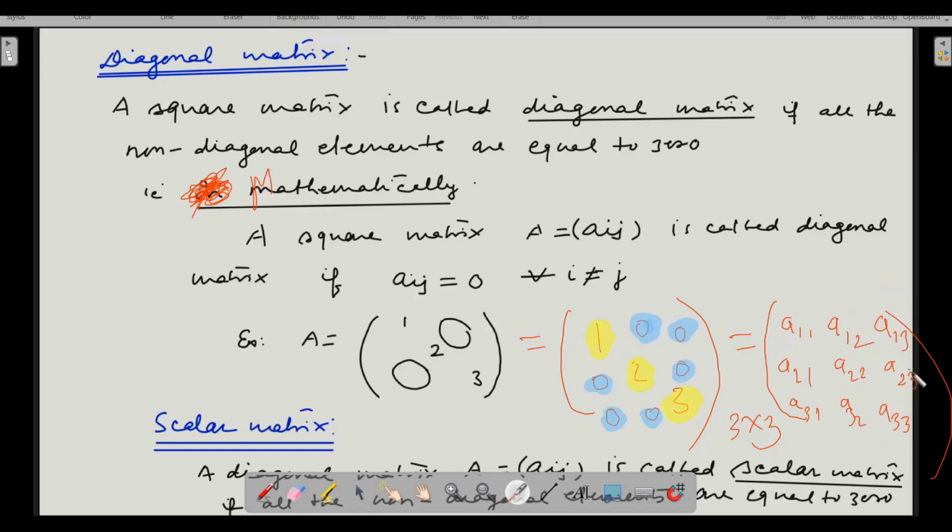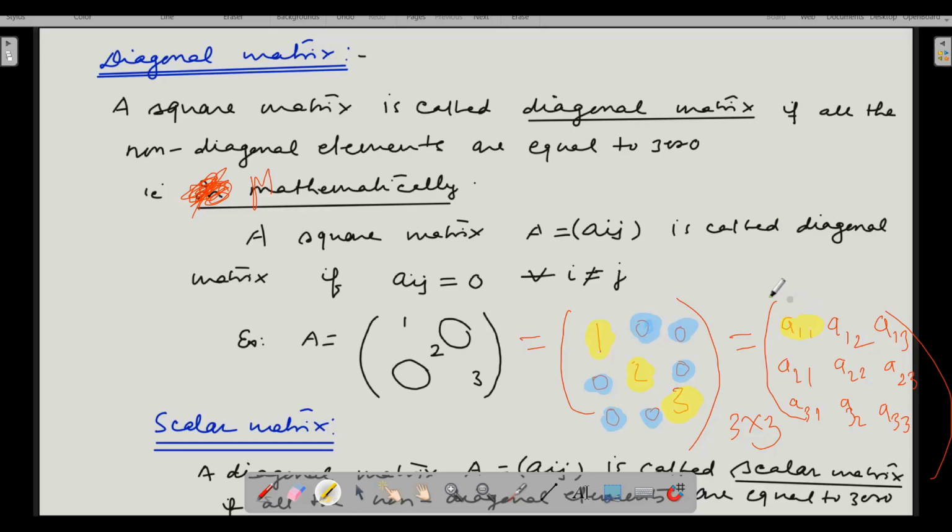First row but third column, A13. Second row first column, A21. Second row second column, A22. Second row third column, A23. Third row first column, A31. Third row second column, A32. And third row third column, A33.